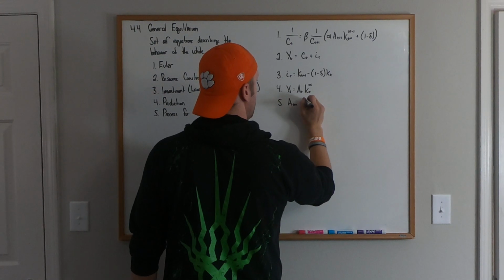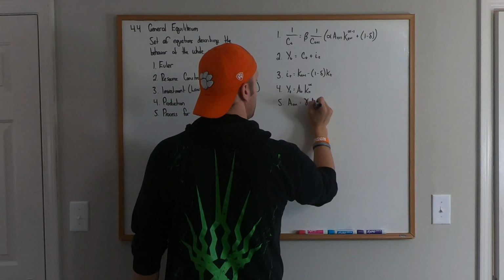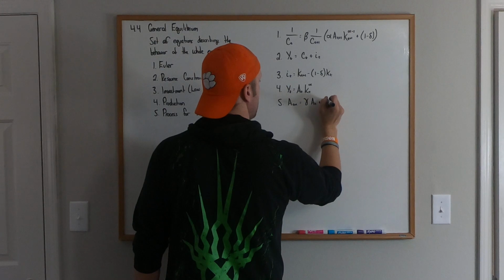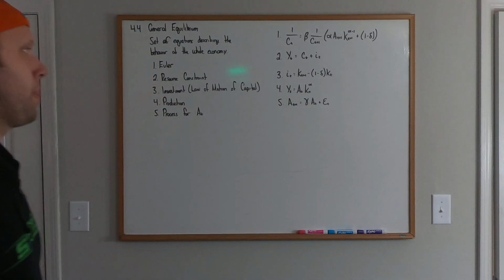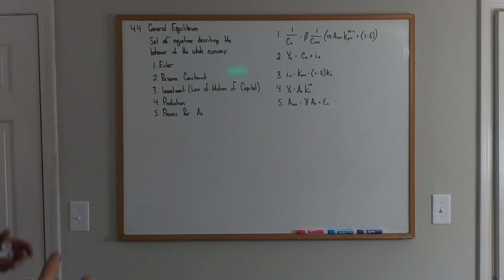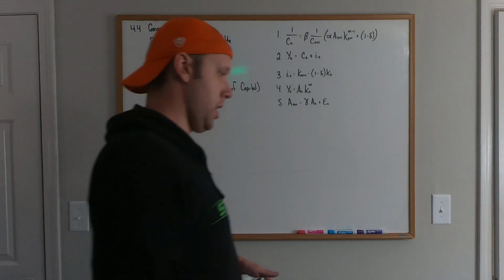Let's see, I want to use gamma. I use that to describe the process that A follows over time.